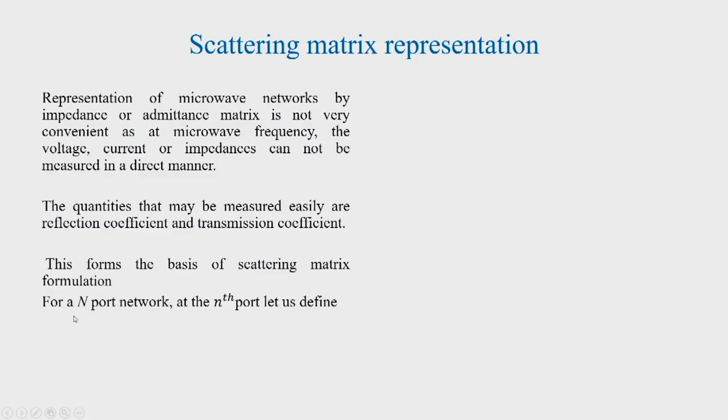So, let us consider an N port network, and at the nth port let us define the parameter A n, which is voltage V n plus, the incident voltage at the nth port, normalized with respect to square root of Z0 n, the Z0 n being the impedance of the nth port. Similarly, we define B n as V n minus divided by root Z0 n.